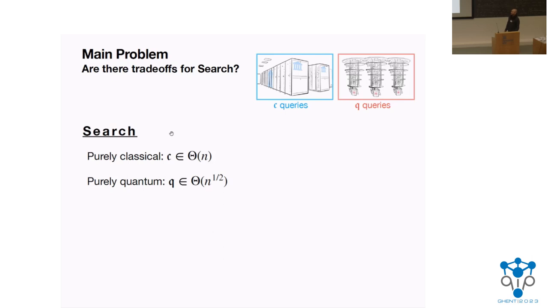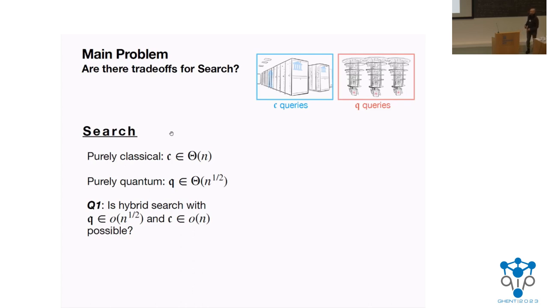And for purely quantum, the best we can do is square root of n queries. The question is, is there a hybrid search algorithm that uses asymptotically strictly less than square root of n quantum queries and asymptotically strictly less than a linear number of classical queries?